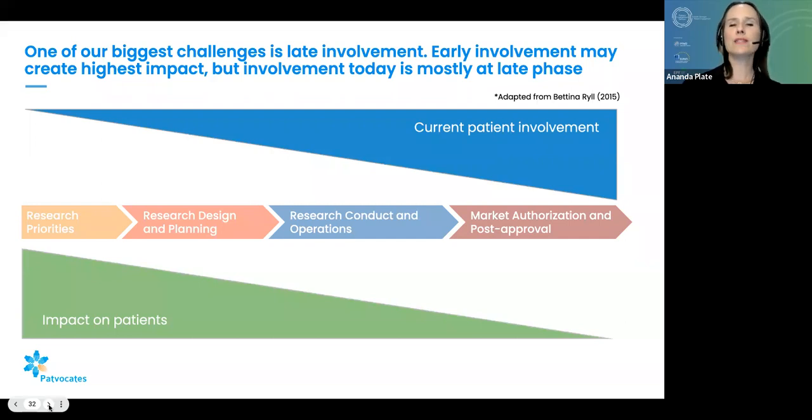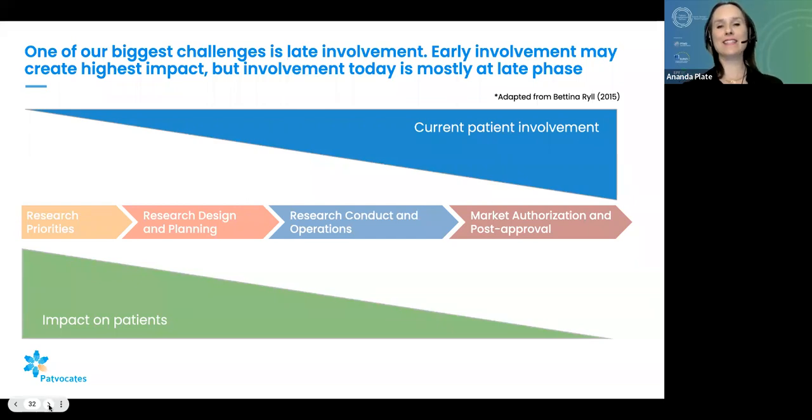And one example of this, a very good example, is the timing, because it's well known that the earlier patient engagement happens, the more impact we're likely to get out of it. However, that makes things more complex at that moment in time, and there are different reasons for why it doesn't happen.